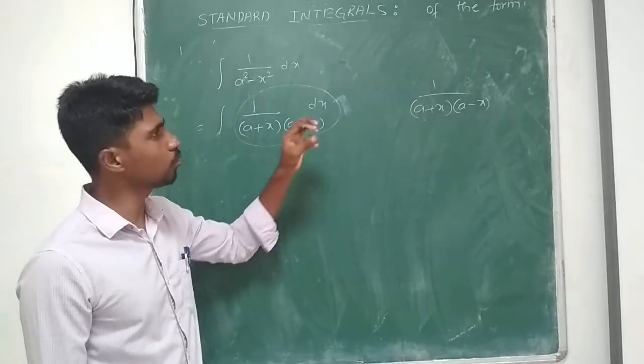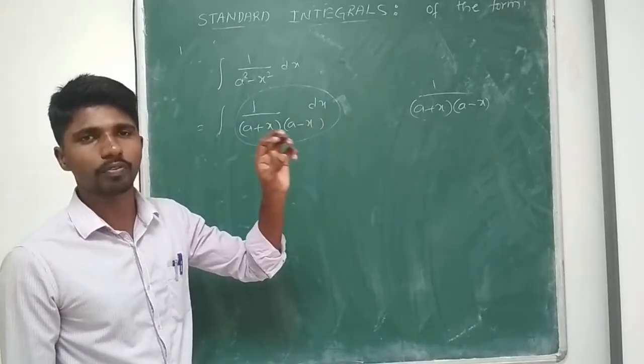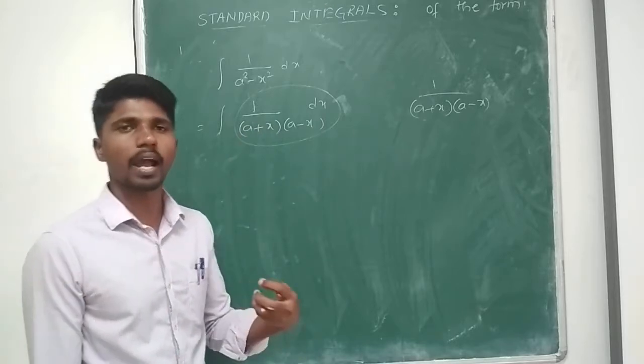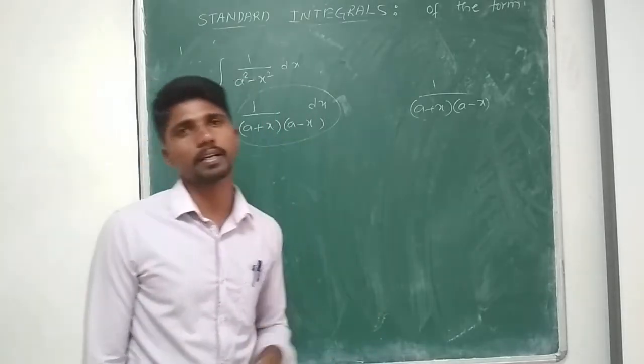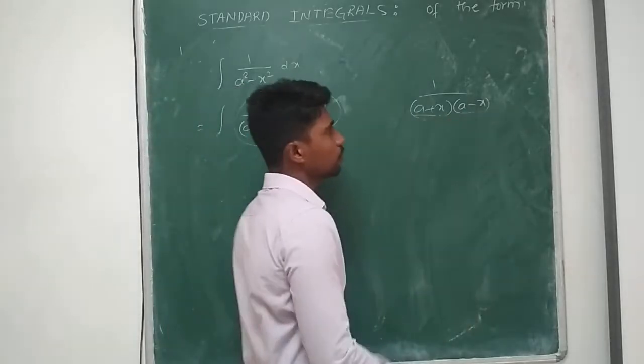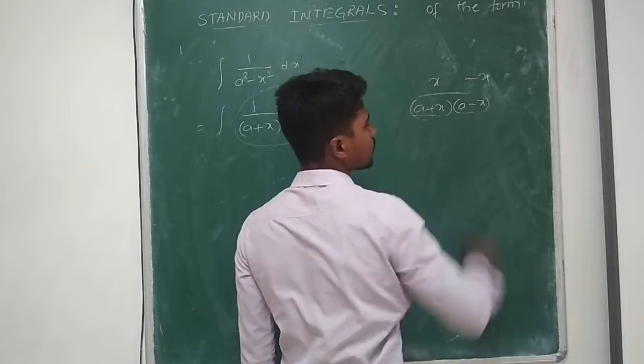So if I want to add or subtract a variable, we should not eliminate everything. If I want to add x, I have to subtract x, and I should write it in the form a plus x into a minus x. So for that purpose, I am adding x and I am subtracting x.